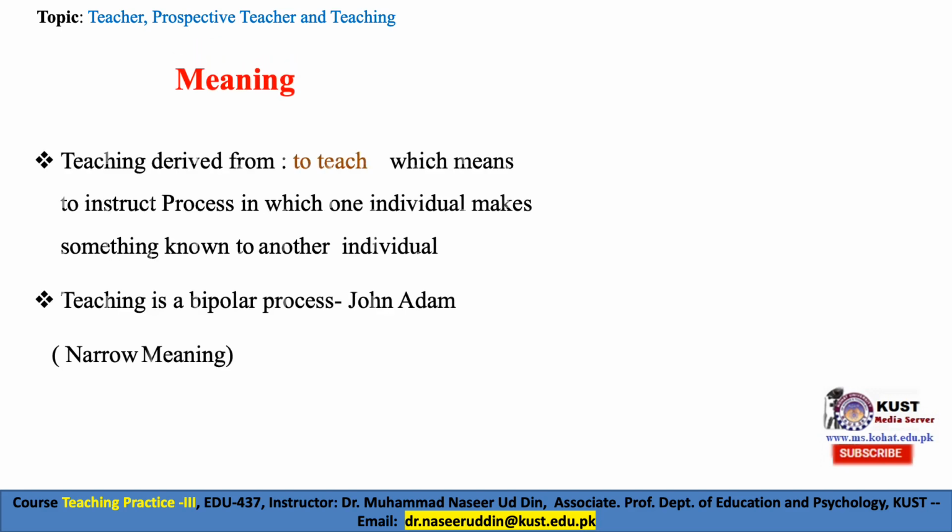Meaning of teaching. Teaching is derived from "to teach," which means to instruct, a process in which one individual makes something known to another individual. There are two ways of teaching: bipolar process and tripolar process.